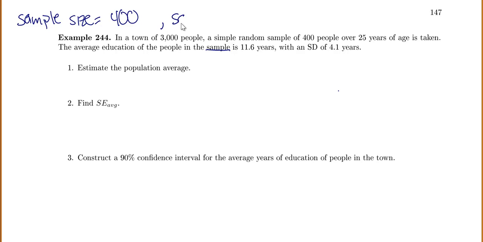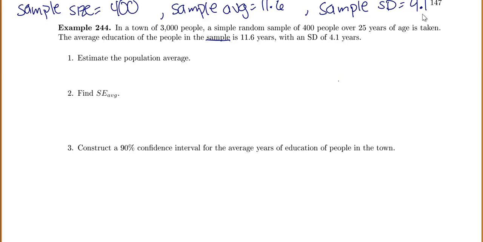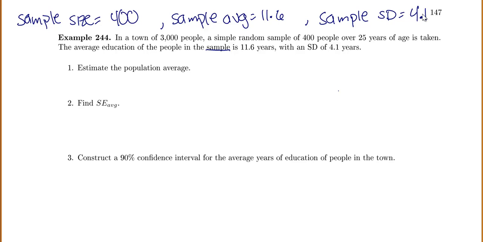My sample average is 11.6, and my sample standard deviation equals 4.1. So number one, estimate your population average. Our best guess of the population average is the sample average, so 11.6.